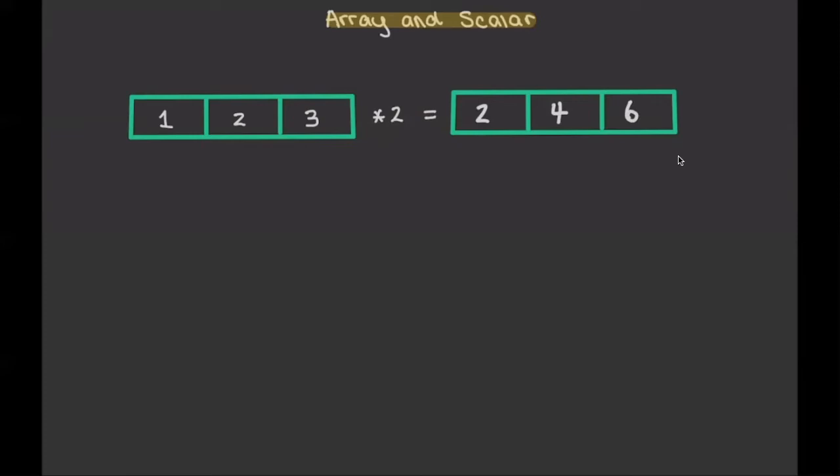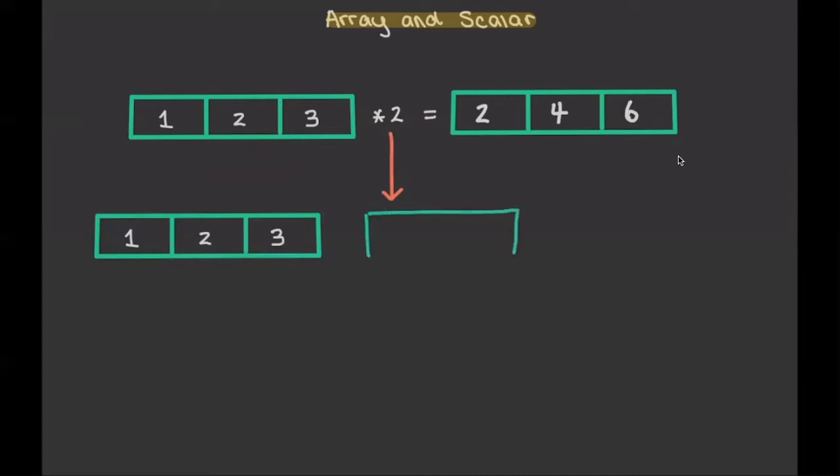So what I mean by that is let's really think about this computation as this larger array. Let me just copy it, paste it. And now I'm going to imagine that we stretch this 2 to be the same size as this larger array, this 1, 2, 3 array. So this is going to look like 2, 2, 2 from the previous slide.